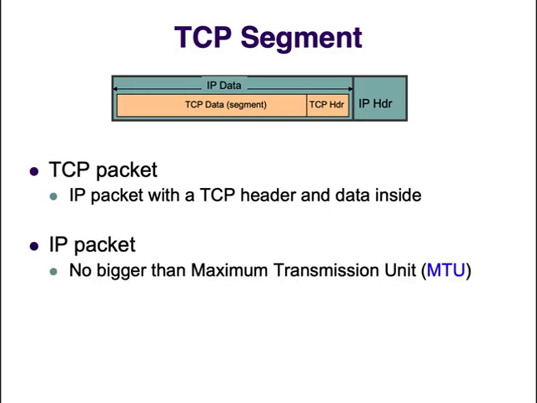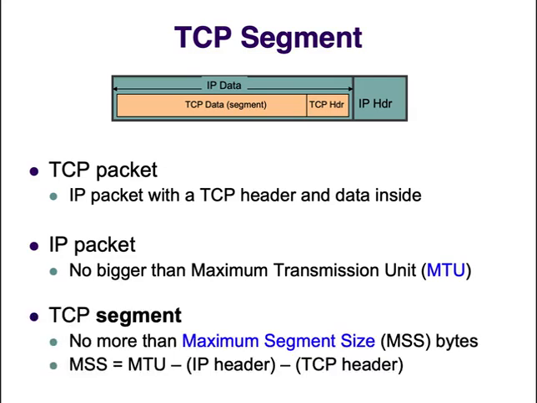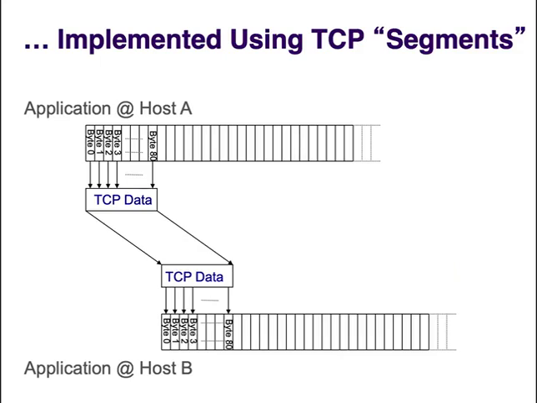We know that the IP packet should be no bigger than the maximum transmission unit, the MTU, of the link at the sender. And so that tells us that the TCP segment, or the MSS, has to be set to the MTU minus the length of the IP header minus the length of the TCP header. Any questions here? All right, this is pretty straightforward.